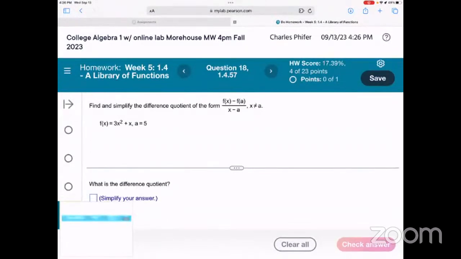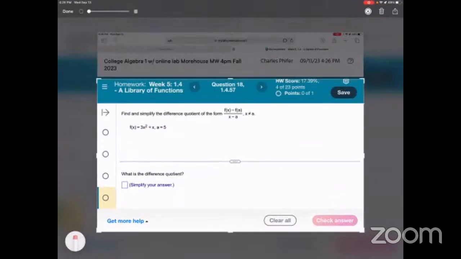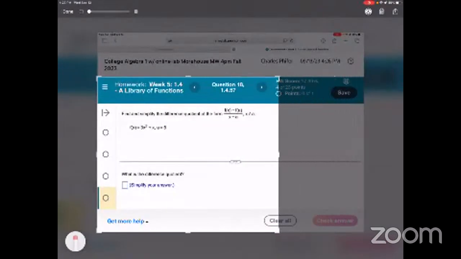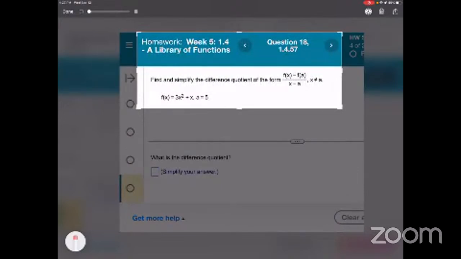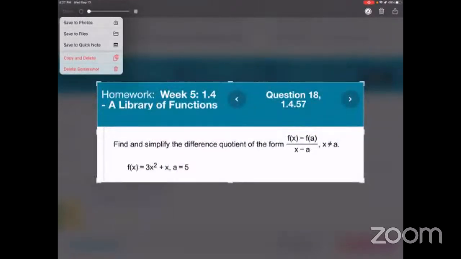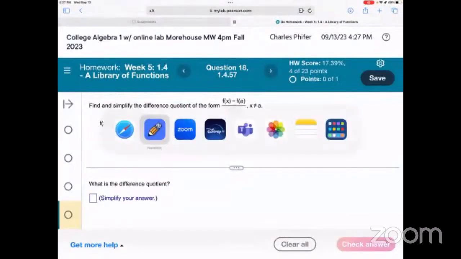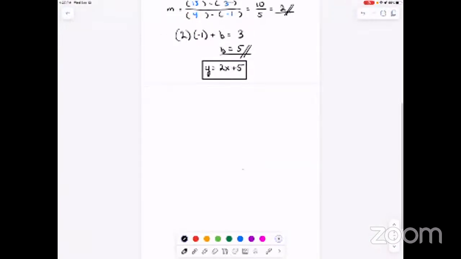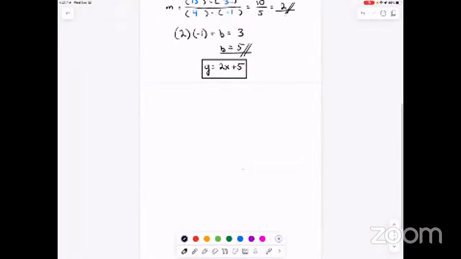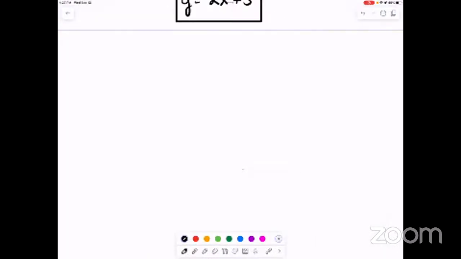I know this one gives students a hard time often. All right. Paste.